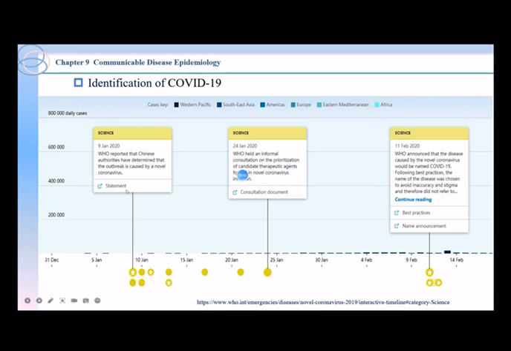On the 24th of January, WHO held an informal consultation on the prioritization of candidate therapeutic agents for use in novel coronavirus infection. On February 11, 2020, WHO announced that the disease caused by the novel coronavirus would be named COVID-19.